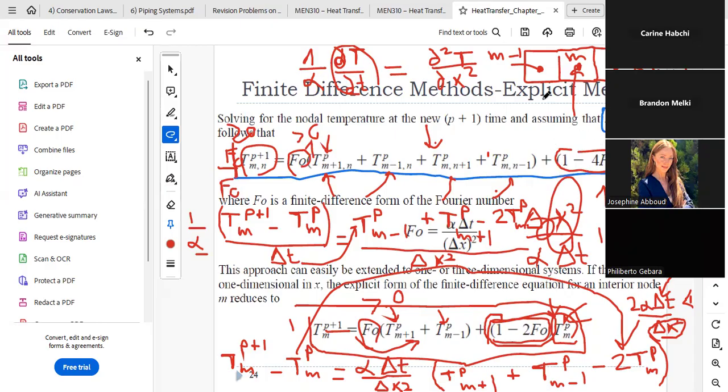So the condition in the transient 2D case, without generation, to have a stable solution is that this term should be positive. So in this case, the Fourier number should be smaller or equal to 1 over 4 to ensure a stable solution.